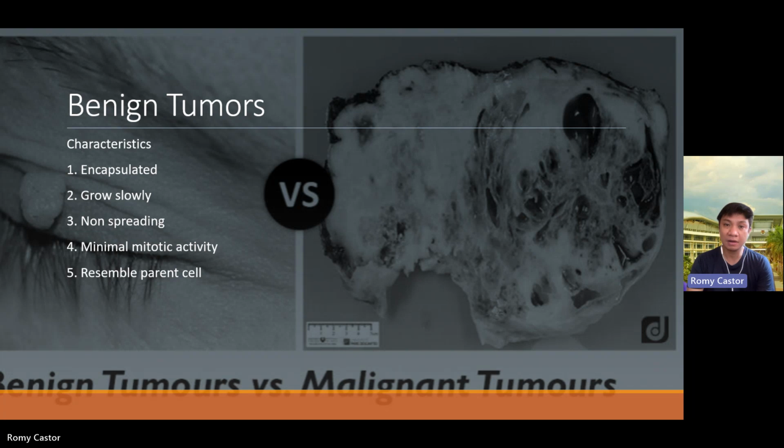Number four, minimal mitotic activity, so it has controlled proliferation and differentiation. And number five, most likely it still resembles our parent cell. So the salient features of benign tumors: it stays in its area, it does not metastasize, and it just takes the normal mitotic activity of our normal cells.